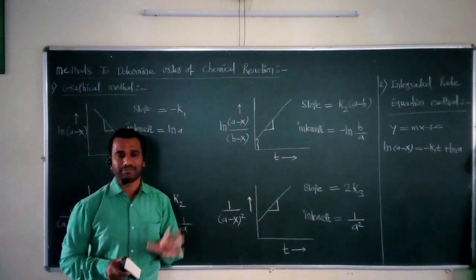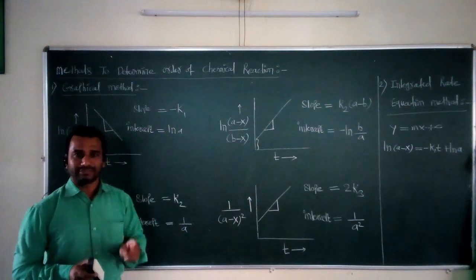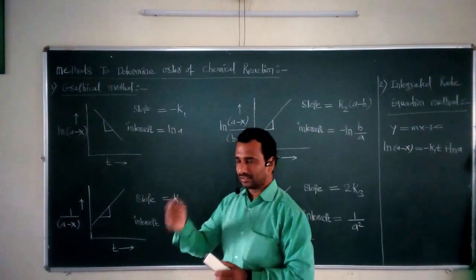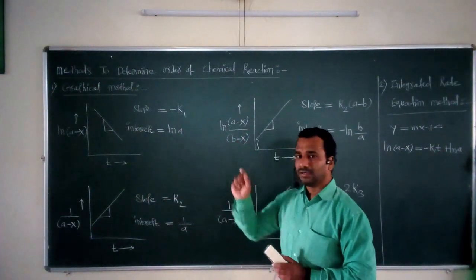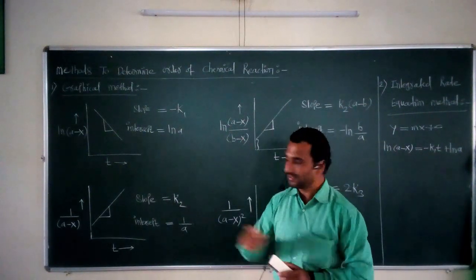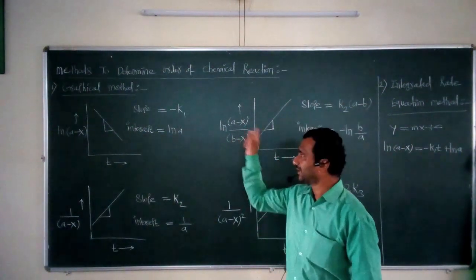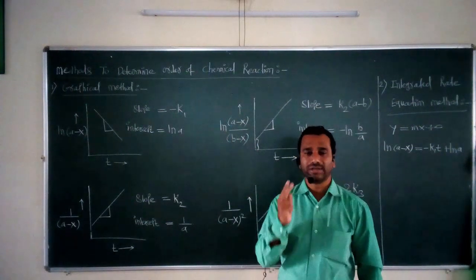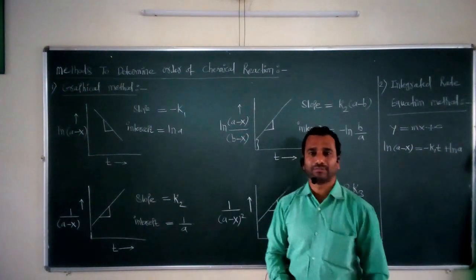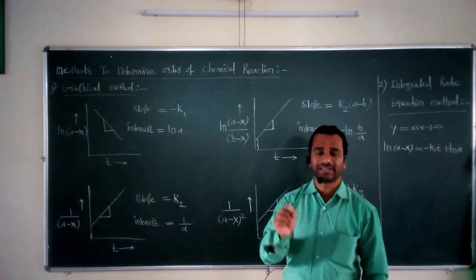So this is the first important method for determination of order of a particular chemical reaction. Now this method has one important application. What is that application? Now if we look towards each and every graphical representation, two different values can be obtained from a single graph for a particular chemical reaction.